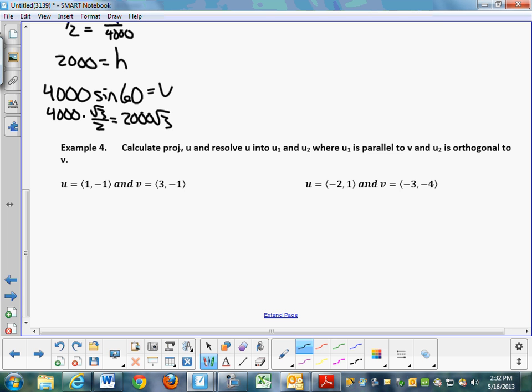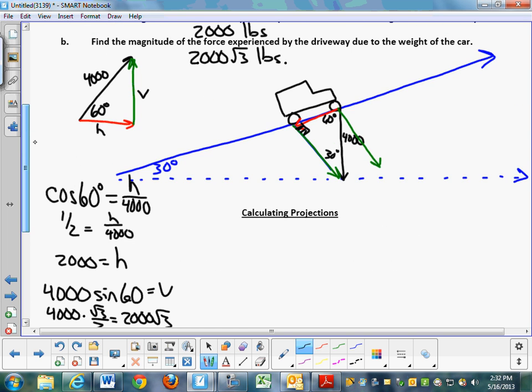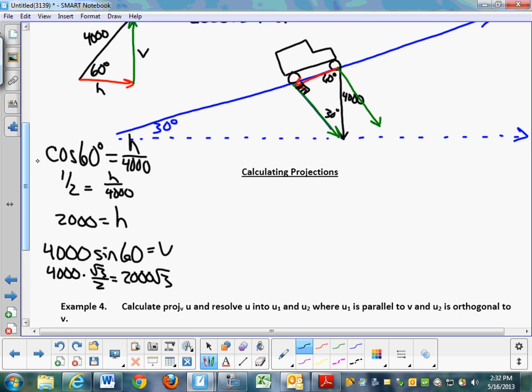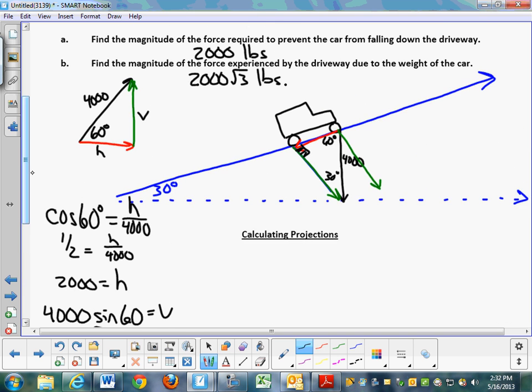Any questions how I figured those out? Which part? You see where I got this horizontal? See where I got the 30-degree incline? Then what I start with is this black line, because it's weight, it weighs 4,000 pounds, and it's going to go perpendicular to the horizontal.